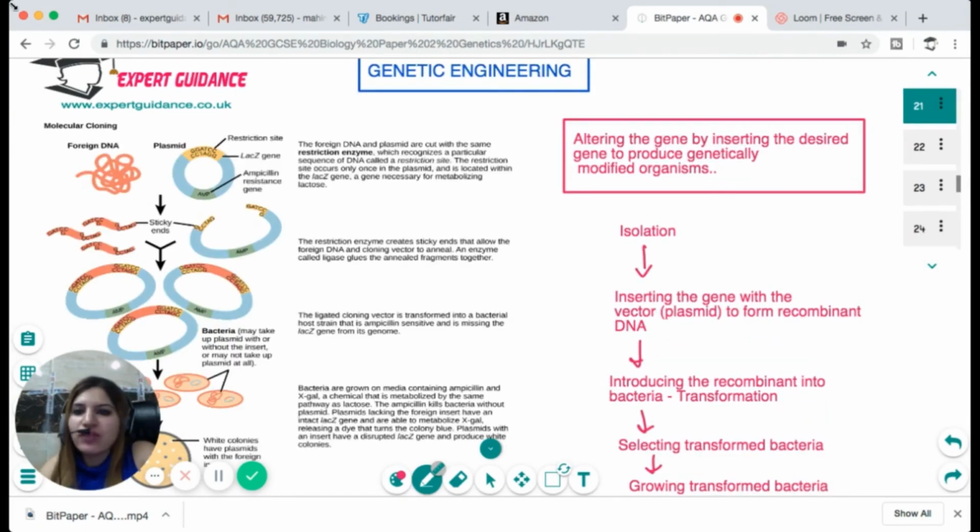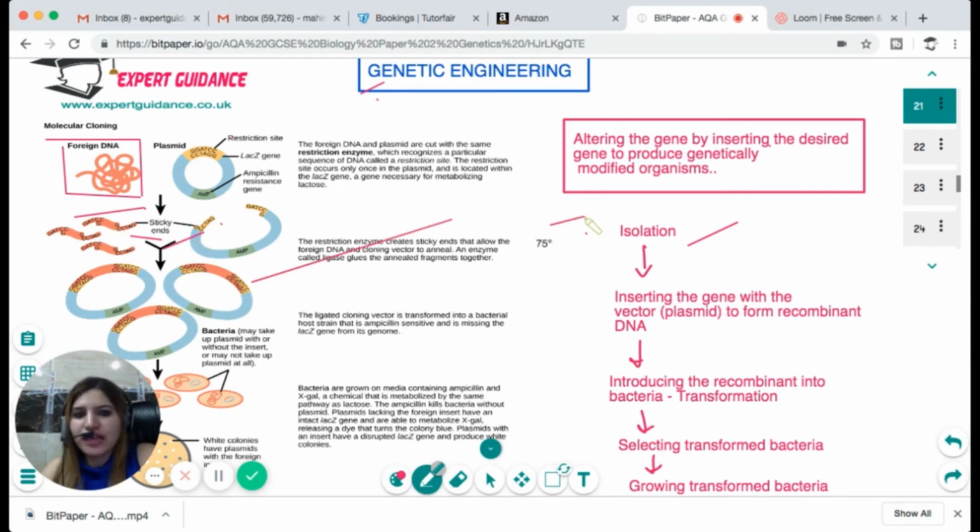So now we have a new emerging technology, which is genetic engineering. Genetic engineering is altering the genes by inserting desired genes to produce a genetically modified organism. How this works is we select a foreign DNA, which is a gene of interest, and we isolate that gene, and then we take a bacterial plasmid and cut it so that we can join it with our gene of interest to make a recombinant DNA.